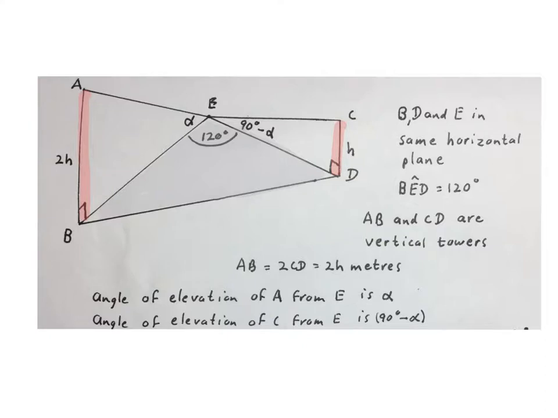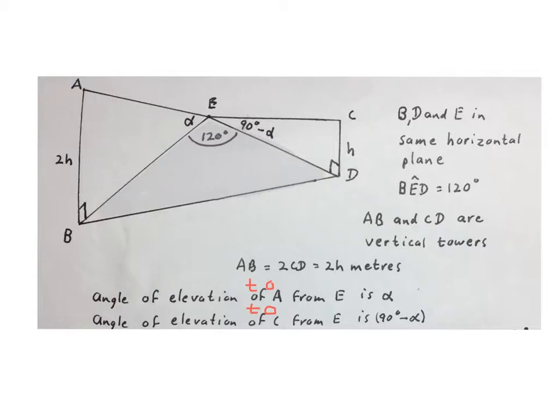Further they said AB, this line here, is 2 times CD, the line over there, which is 2h. So this is 2h, then this will be h, but it was written on the sketch for us. Then they said the angle of elevation of A from E is alpha. This is the correct way of writing the sentence, but it would have been more understandable if we wrote the angle of elevation to A from E is alpha.